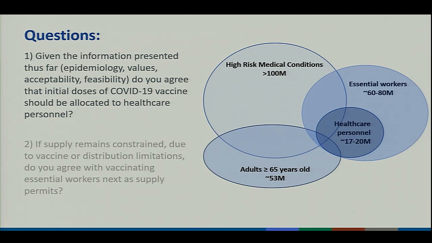I agree that starting with healthcare personnel will prevent a large number of infections and deaths as much or more than other priority groups, so that makes sense. The implementation issues, like vaccinating healthcare personnel at facilities most likely to implement the specialized storage and handling, are a plus from an implementation point of view.